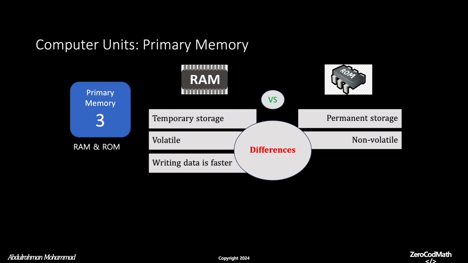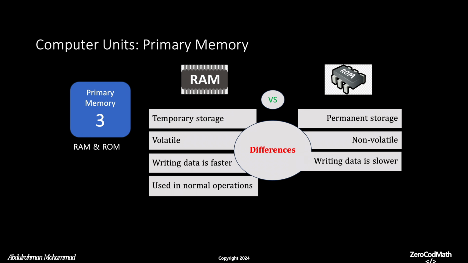Writing data is faster in RAM, while it is slower in ROM. RAM is used in normal operations, while ROM is used for startup process of computer.